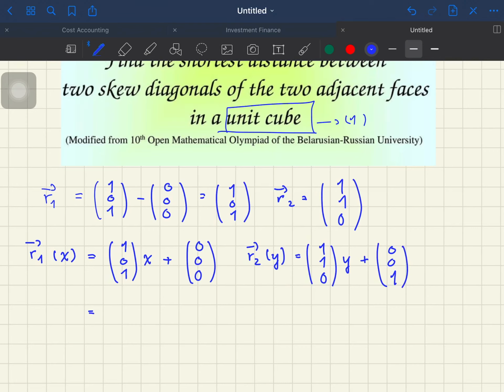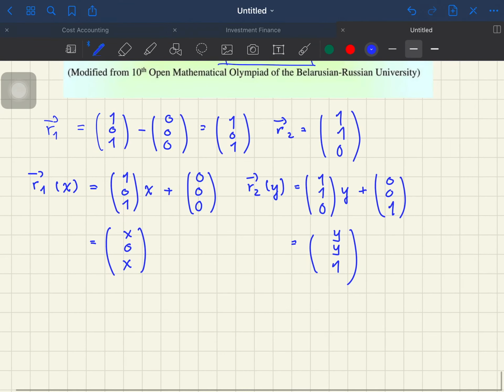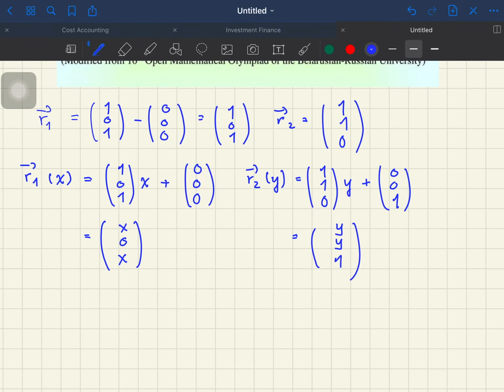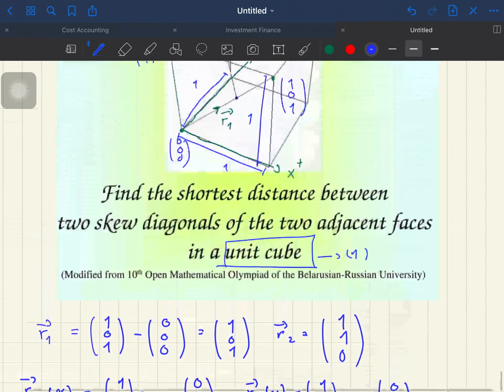So we can write it as a single vector like so: R1 is x, 0, x, and R2 is y, y, 1. That's just the task that we want to do. It's simple right now. Obviously, we have multiple variables, but it's okay, no worries.